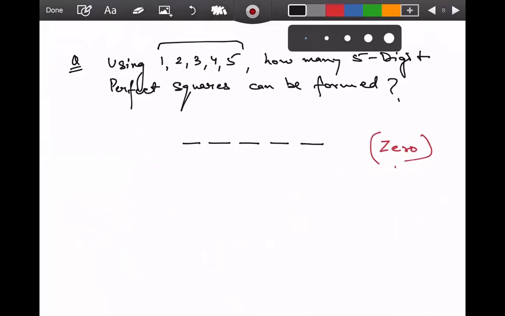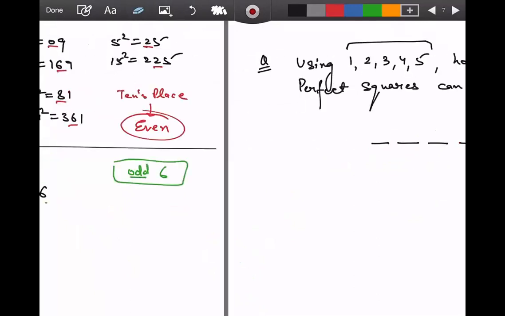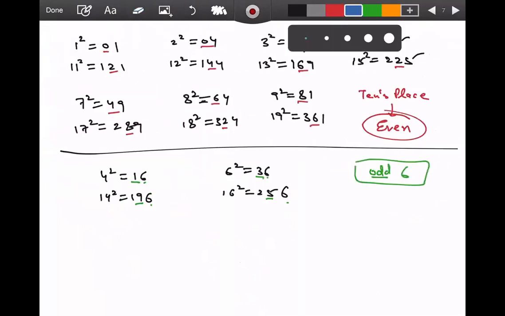नाउ यू नो व्हाट इज डिजिटल सम. टेल मी इनका सबका डिजिटल सम बताओ. ये 1 होगा, इसका कितना होगा 4.